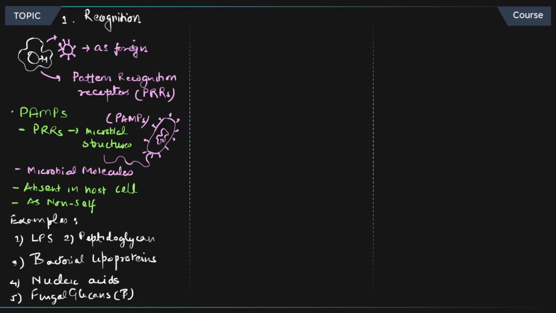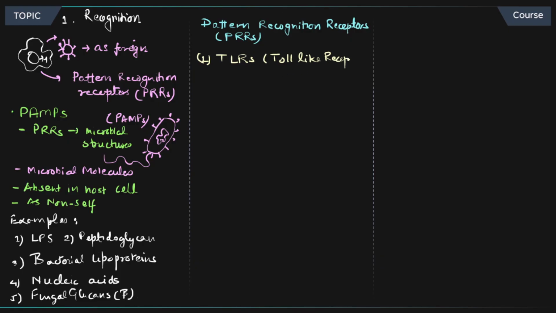Now if we talk about the second category, which is pattern recognition receptors, as I already told you, these are the receptors present on the immune cells, and they will interact with PAMPs. Let's talk about examples of PRRs. First one is TLRs, also known as toll-like receptors. If I try to show you diagrammatically, let's suppose this is the surface of the immune cell, and this is the structure called TLR.